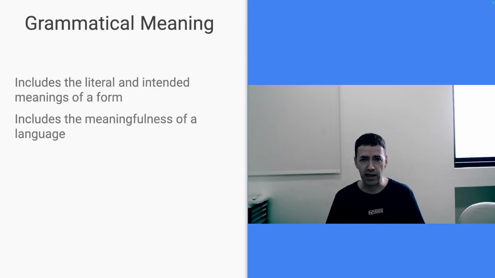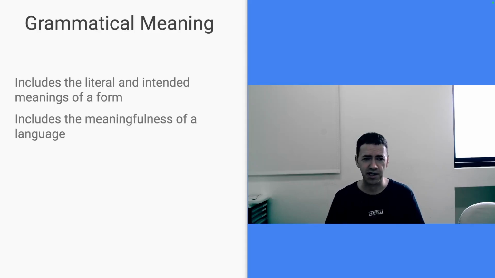Okay, grammatical meaning. That includes the literal and intended meanings of a form, and it includes the meaningfulness of a language. So, you could have something that's grammatically correct technically, but it wouldn't make any sense or it wouldn't have any meaning. So it still has to have an appropriate meaning.